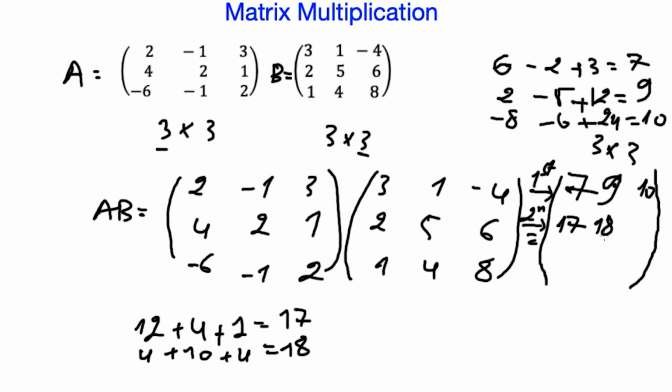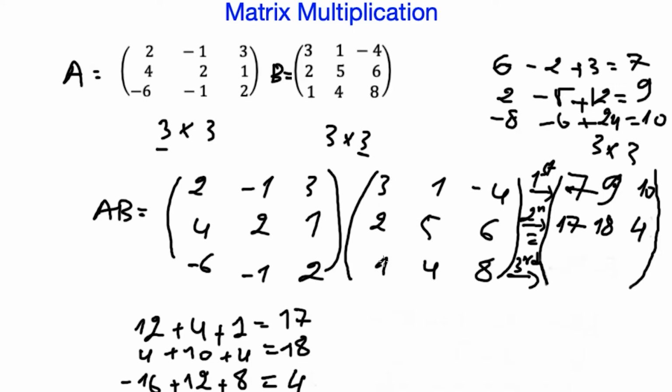And to get the answer at this position, we'll multiply this row with this column, so it is 4 times minus 4 is minus 16, and 2 times 6 is 12, so plus 12, and 1 times 8, which is 8, which equals, here minus 16 plus 12 is minus 4 plus 8 is 4, so this is 4.